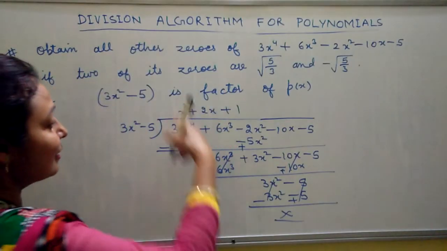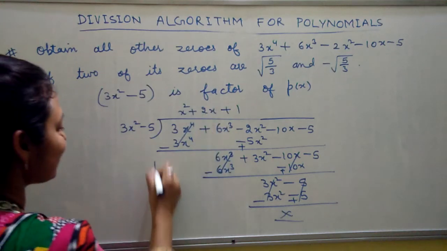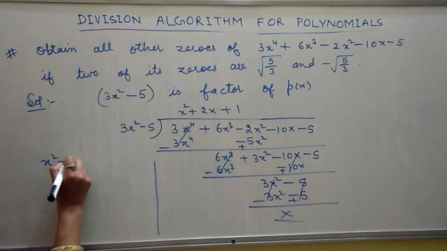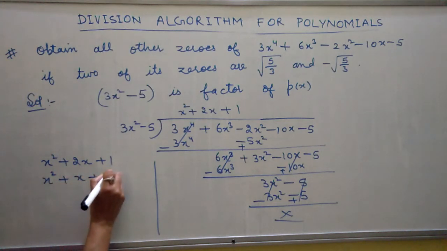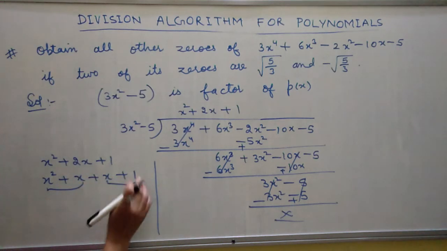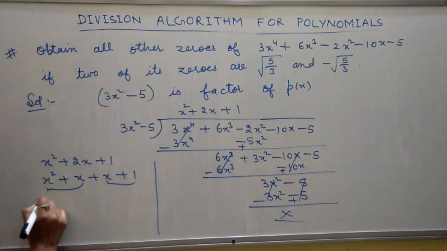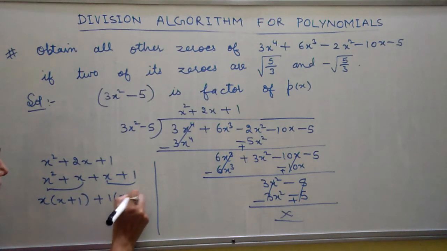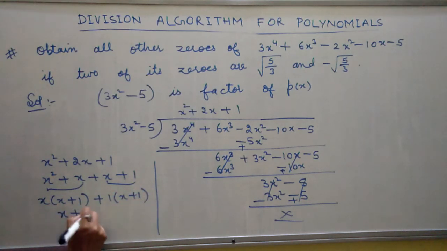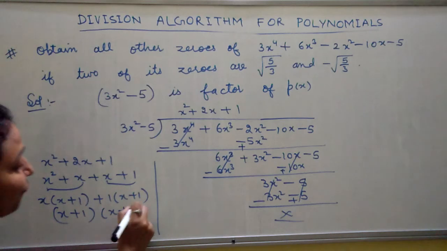So in the quotient we have x square plus 2x plus 1. I will factorize it as x square plus x plus x plus 1. Taking the common value, we get x plus 1 and x plus 1 as the two factors.